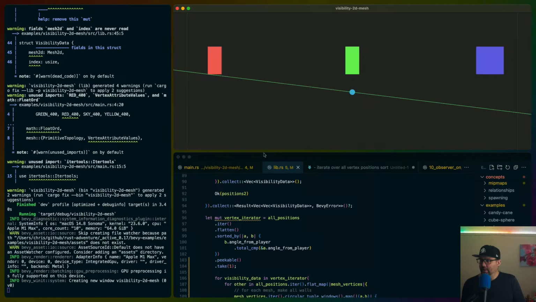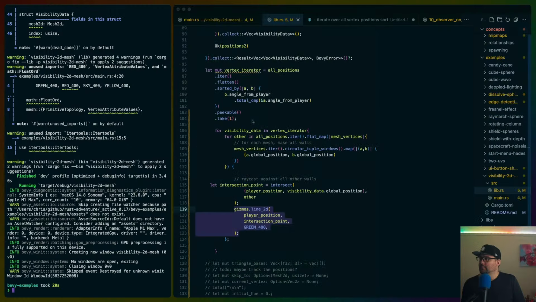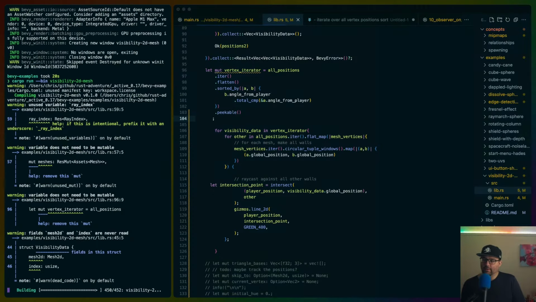Okay, so I think we're only taking the initial one, right? So here's our line now. So if we get rid of our take one here, we should see a bunch of full length lines then.